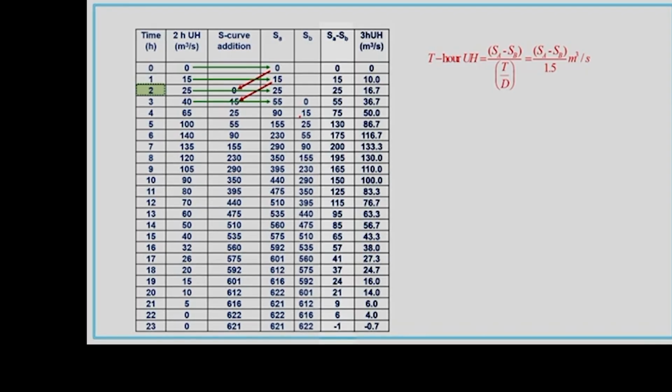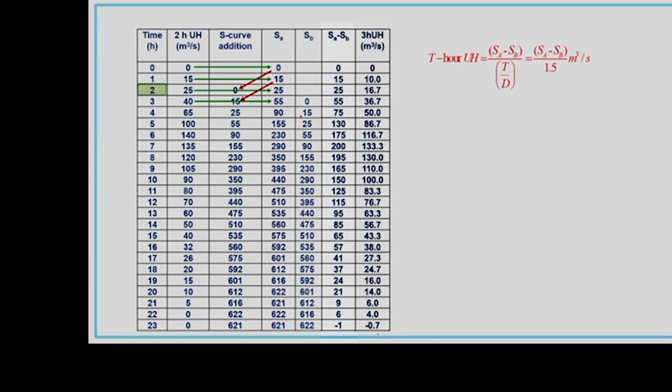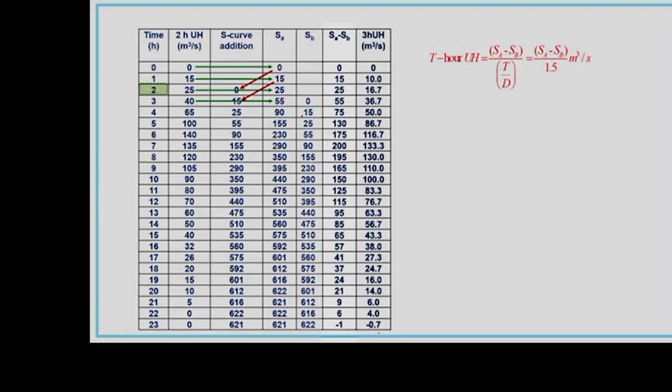Look at the table carefully; here you can see certain ordinates are negative. For the last ordinate, at time T equal to 23 hours, we have minus 0.7. This way some fluctuations can be observed while solving problems related to the S hydrograph, while deriving unit hydrographs of different durations by making use of the S hydrograph technique.